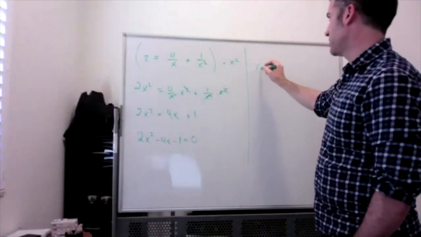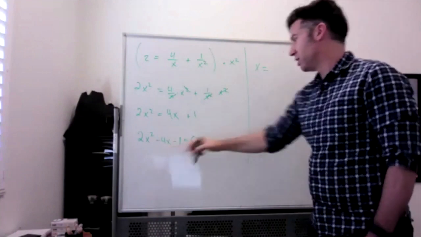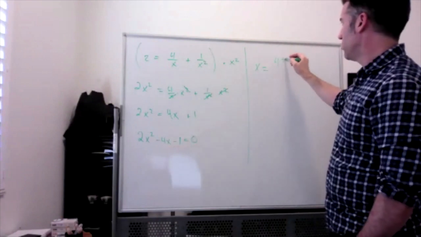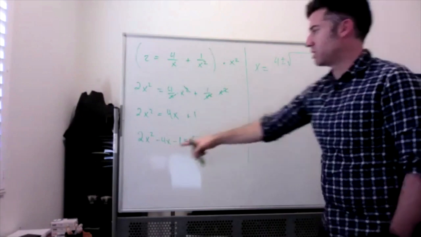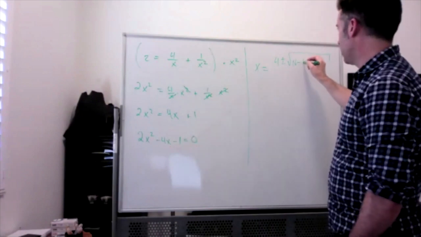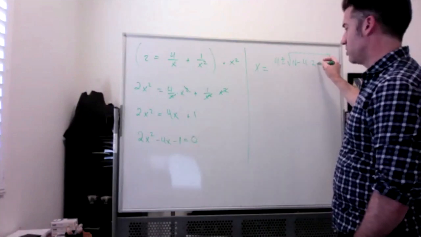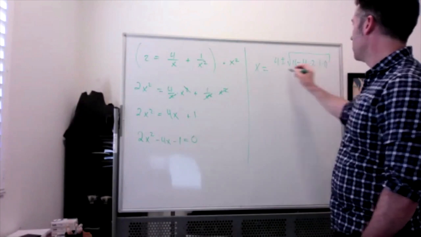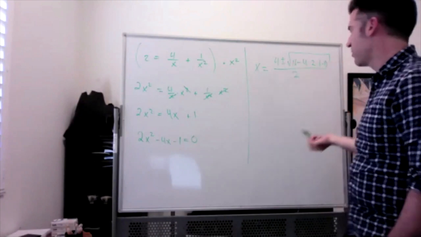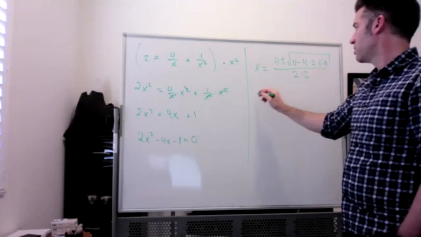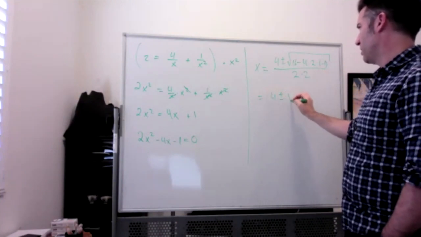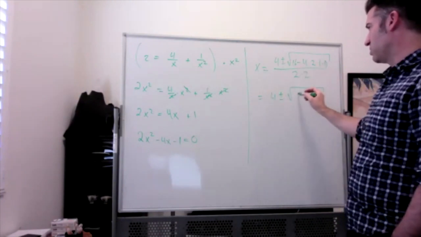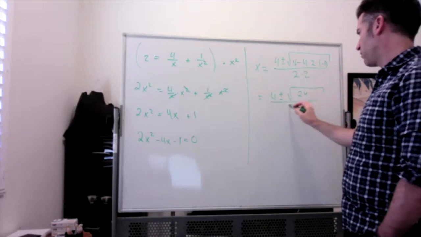So you get x equal to negative b plus or minus the square root of b squared minus 4 times 2 times negative 1 all over 2 times 2. So you get 4 plus or minus the square root of 16 plus 8, which is 24, all over 4.